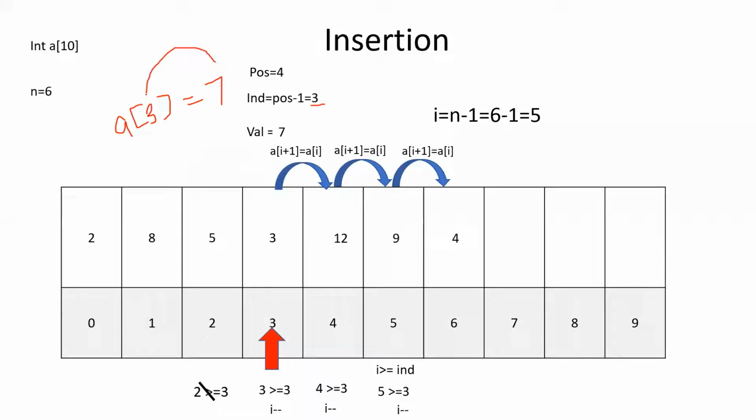So 7 will be assigned to A of 3. A of 3 was having 3, and into that position we will be inserting the number 7. So this way you will be able to insert the numbers.